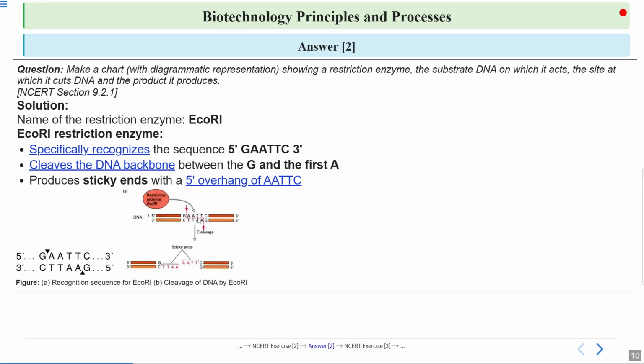So at these 2 points it will create a cut, and here you can see the sticky ends, AATTC in this position and CTTAA in this position. These are the points at which it gives the cut. You can see the arrows for the 5' to 3' DNA strand and the 3' to 5' DNA strand. So it always cuts between the G and A.